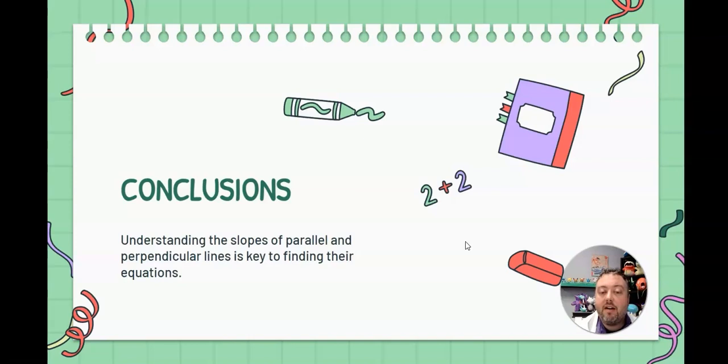The key here, because you've already found slope-intercept forms in various ways through the first part of algebra, is understanding those slopes and keeping the rules handy so that you can use them quickly, or coming up with some way to remember the rules for the slopes of parallel and perpendicular lines. Everything else, the actual solving for the equation, you've done multiple times, and that's probably pretty solid at this point.